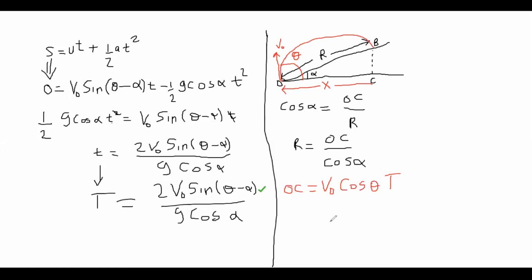We just substitute. Therefore, OC will be equal to V naught cos of theta multiplied by 2 V naught sine of theta minus alpha, divided by g cos of alpha. This is the value of OC.